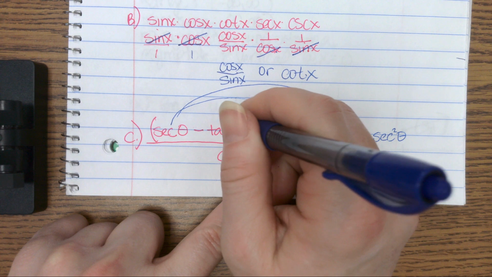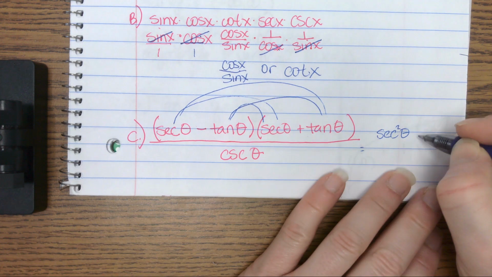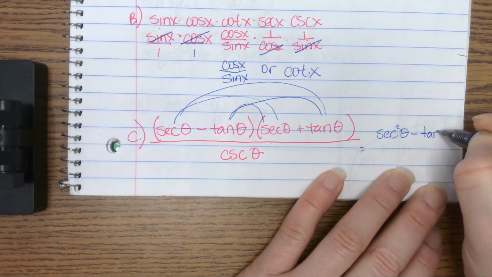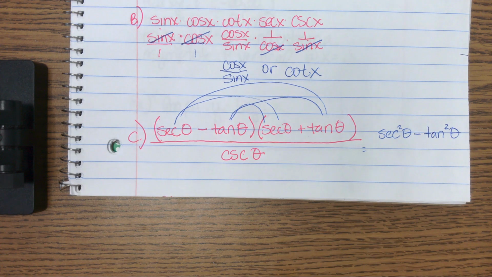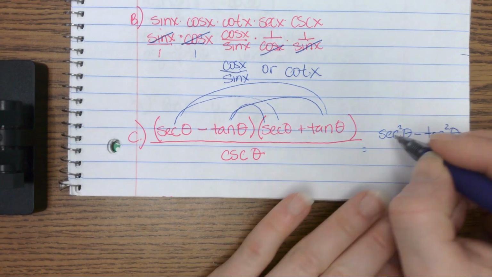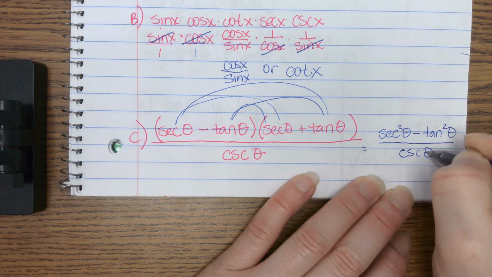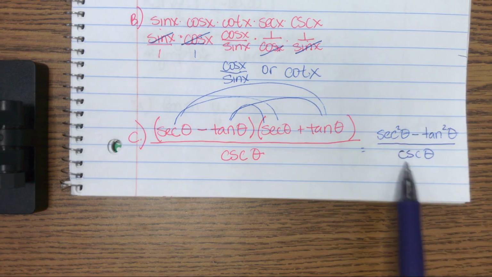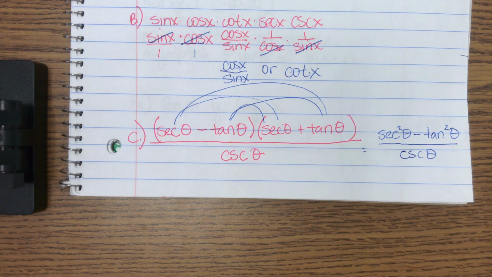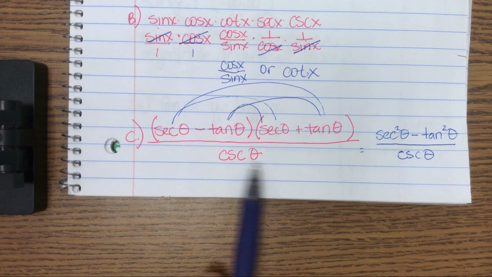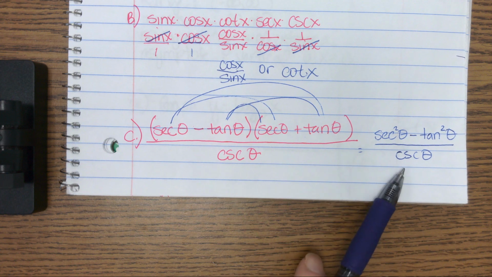Finally, I get to the last things, and that's minus tangent squared of theta. And then we still have this cosecant, which I will rewrite in a minute. I'm going to try to get some things to cancel first, before I rewrite as sines and cosines.